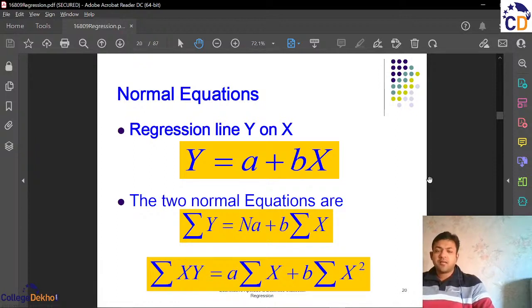Similarly, from the first equation we can write summation xy equal to a times summation x plus b times summation of x square.